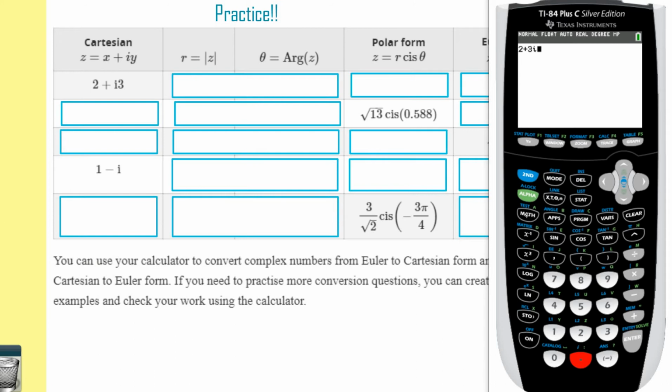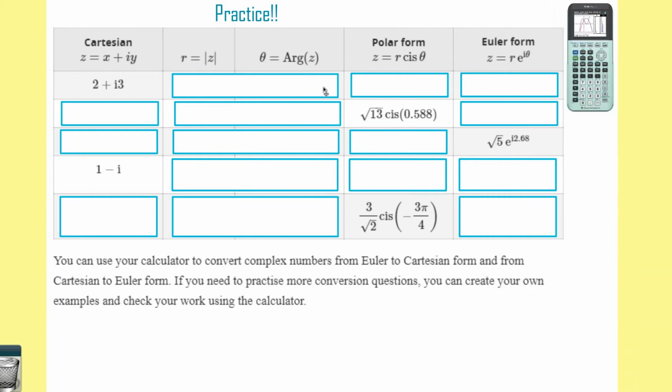So 2 plus 3i, second dot. And then you're going to go, I believe it's math, and where is it? There we go. Of course, we're in the complex section. So go down to polar, and here we have it. So let's see if you did that by hand.